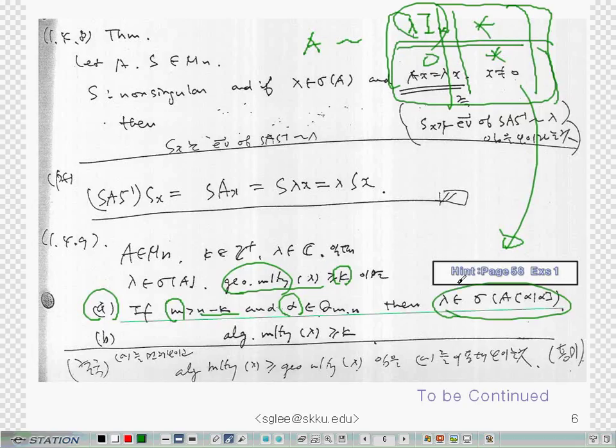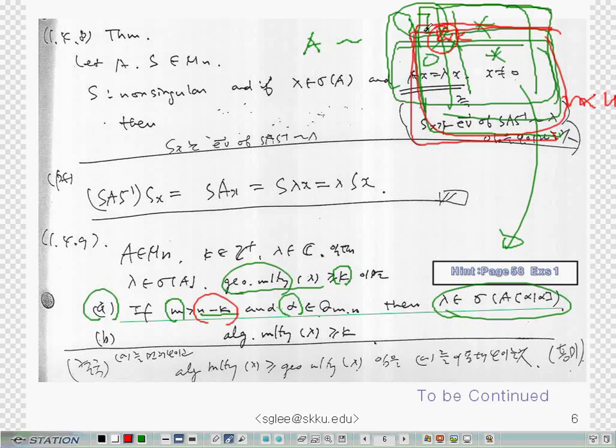That means lambda is an eigenvalue of some of this, because some lambdas should be included in this submatrix, isn't it? This is n by n, this is k by k. So if this n minus k is big enough, then it should include some part of lambda here. That means lambda must be the eigenvalue of this.